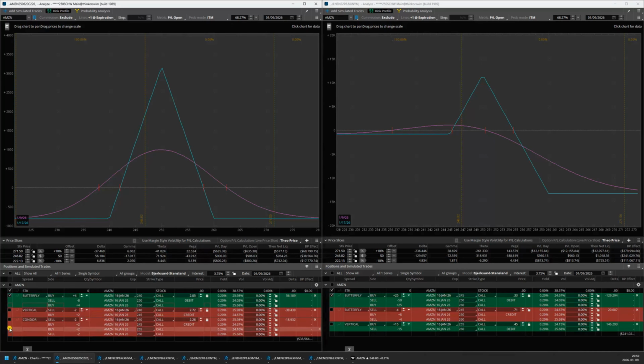If we had done nothing since the open, this would create around $900 profit, the core butterfly. And the broken wing butterfly would be up around 960-ish. So it's a little bit above, but you know, it's a very different beast because we have 25 contracts, we have 4 contracts here.